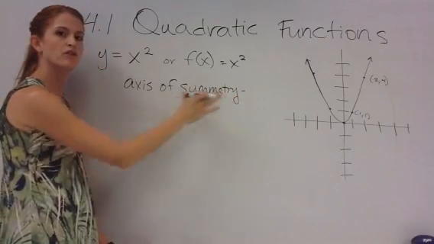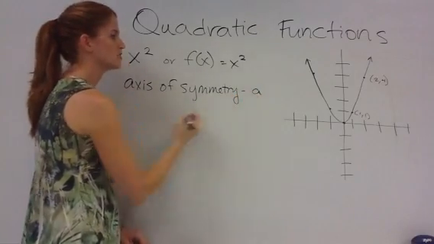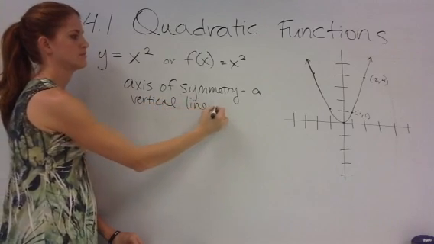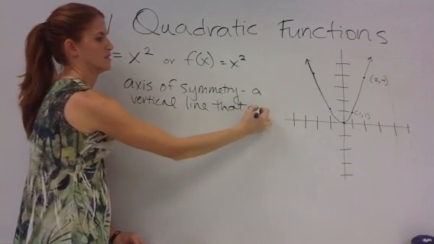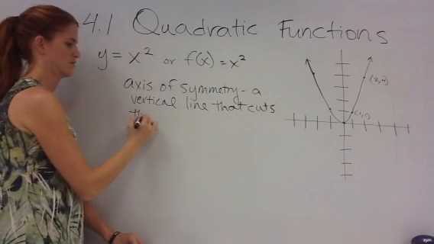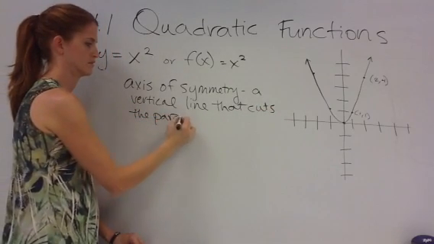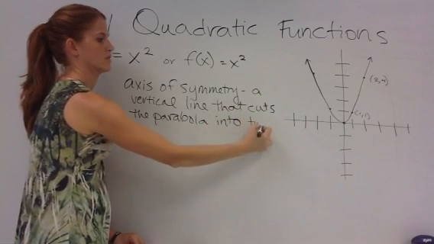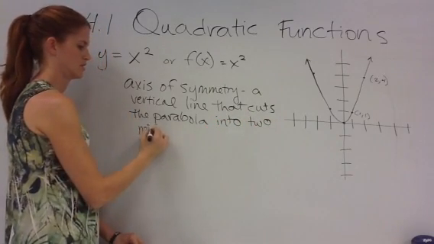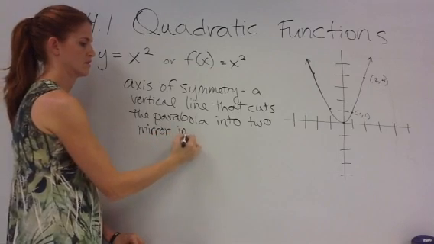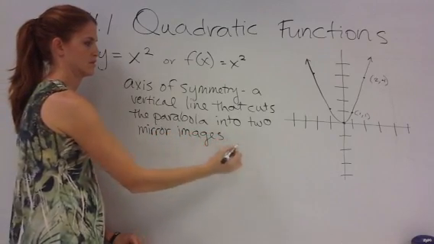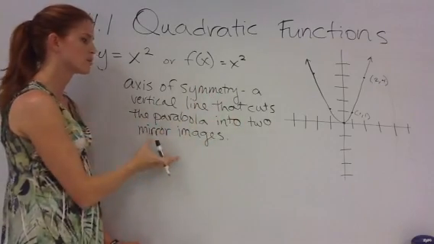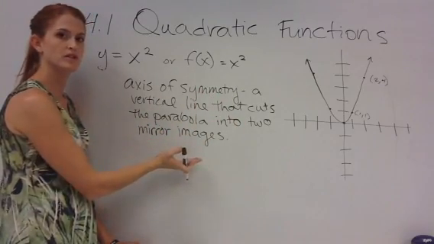The axis of symmetry for a parabola is a vertical line that cuts the parabola into two mirror images.